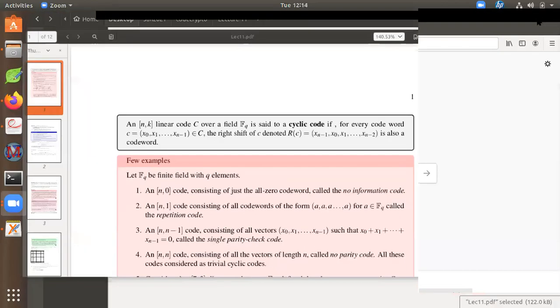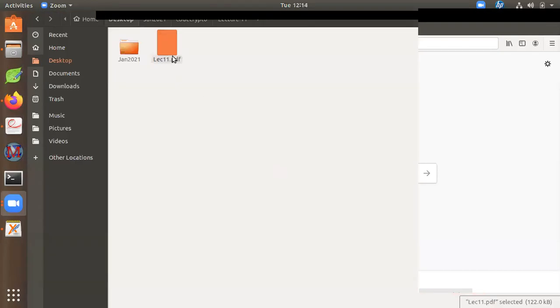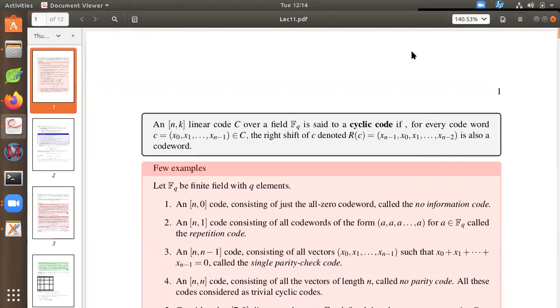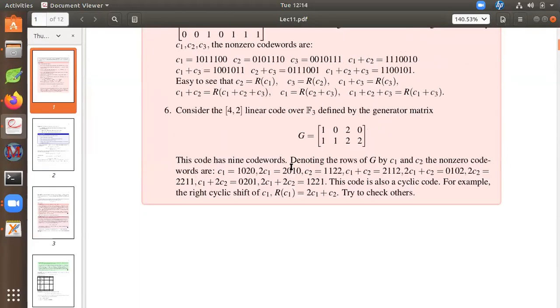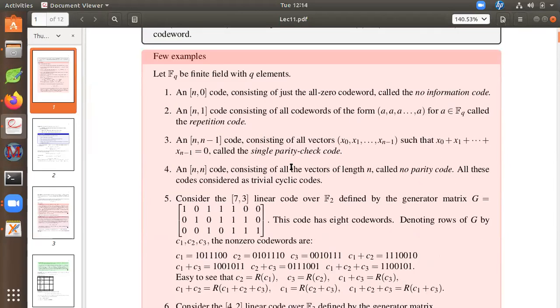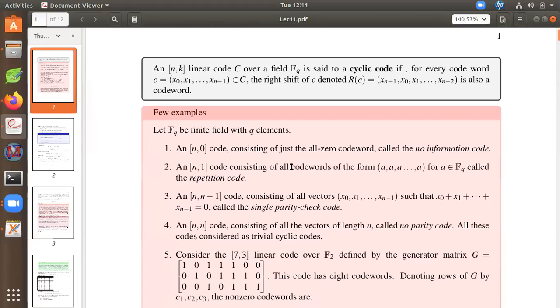Just for the remaining time, I'll recall these things. I request you to go through the cyclic codes also. This is a part of the syllabus. In the previous class, I introduced what a cyclic code is. Take a deep breath and concentrate again.